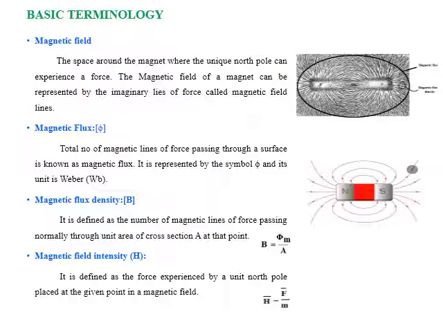The magnetic field of a magnet can be represented by imaginary lines of force called magnetic field lines. We discussed these magnetic field lines at length in our lower classes. These magnetic field lines start from north and end at south.